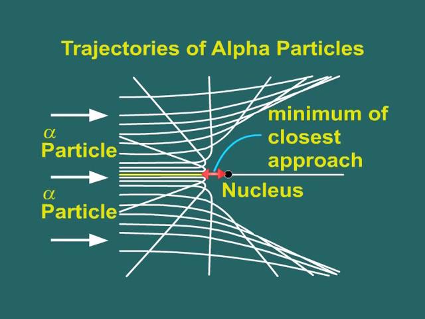We know that throughout the scattering process, the total mechanical energy of the system consisting of an alpha particle and a gold nucleus is conserved. That is, initial energy, which is the kinetic energy of the incoming alpha particle, is just equal to the final energy, which is the electric potential energy of the system.